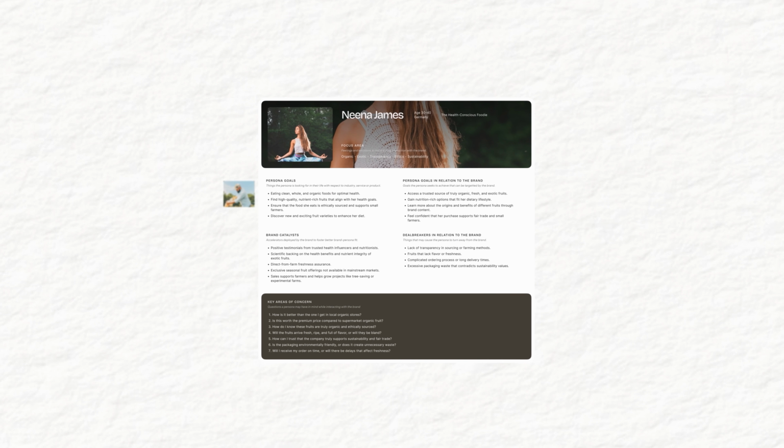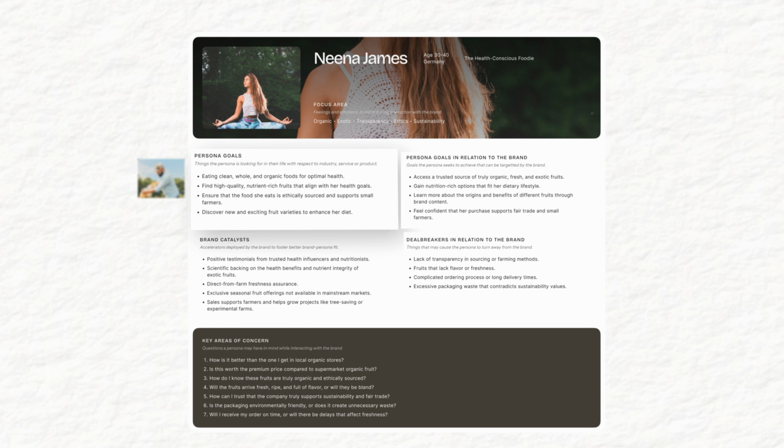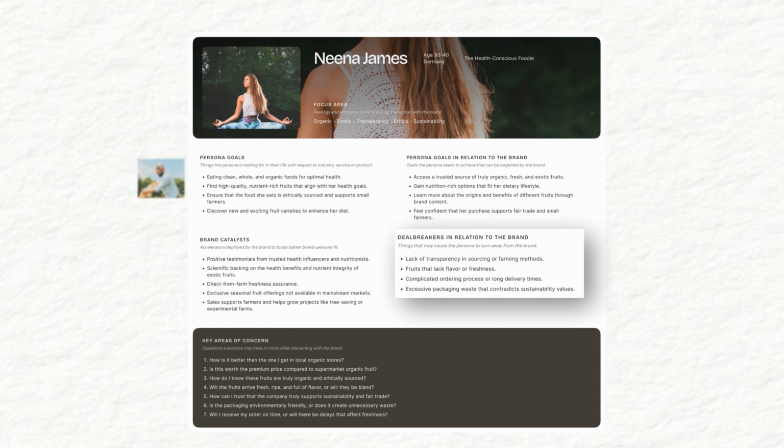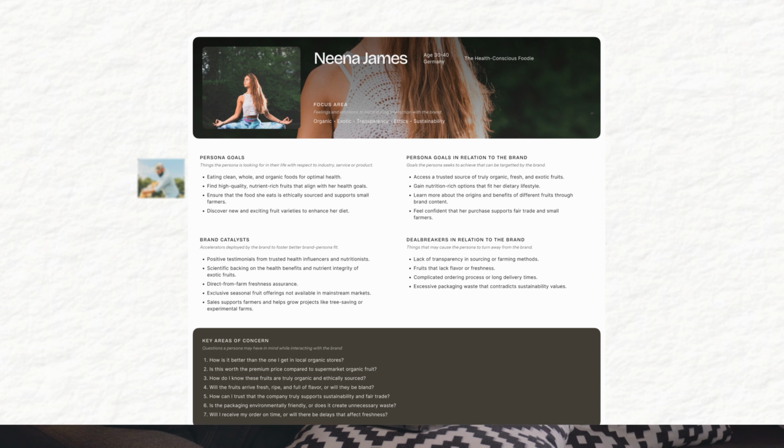Now, what we mapped during personas, we tried to create fictional characters so that we're able to humanize the personas. We list down what their personal goals might be in their lives, what their goals are in relation to the brand, what the deal breakers are, what are their motivators. On the basis of all this information, we create each and every persona.